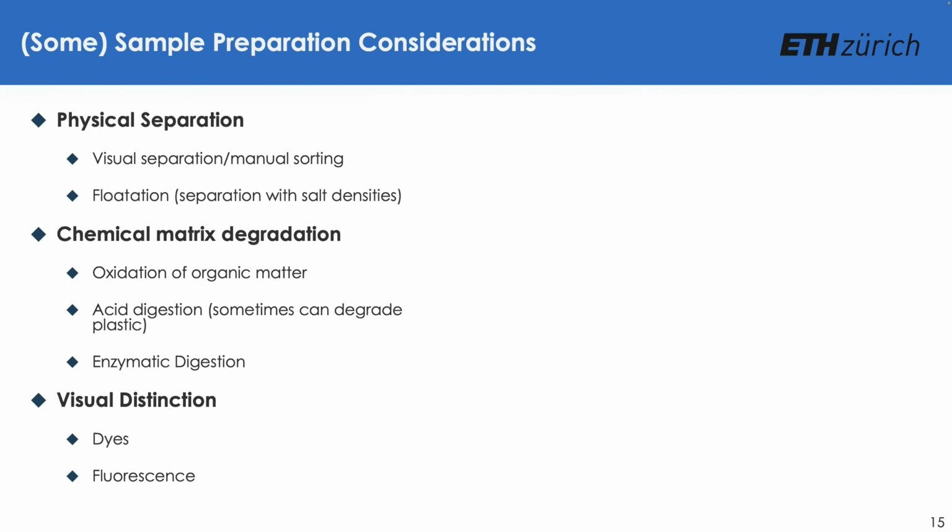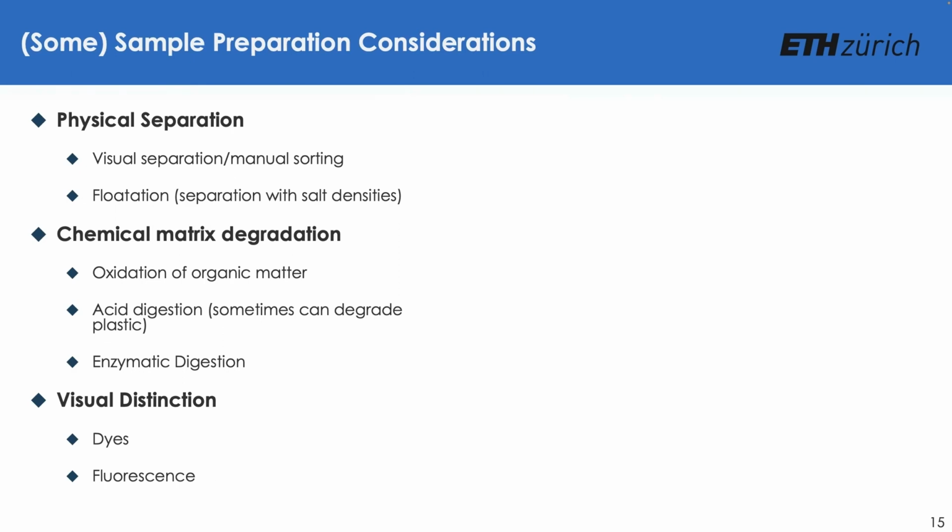The first is physical separation. This could be as simple as laying your sample out on a bench and trying to pick out your microplastics with tweezers. But of course, that's very subjective, and you might not get all of the sample that you're looking for. There's flotation, so looking at the variable densities of your inorganic material, like sand, which is oftentimes more dense than plastics, so we can separate these with a separatory funnel.